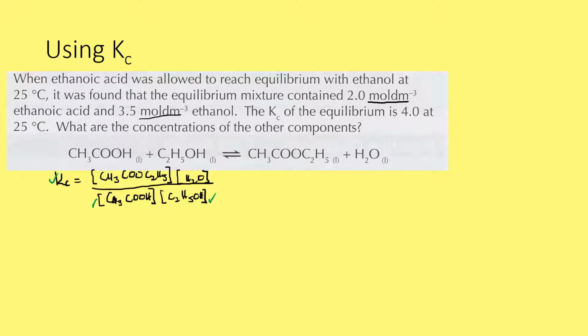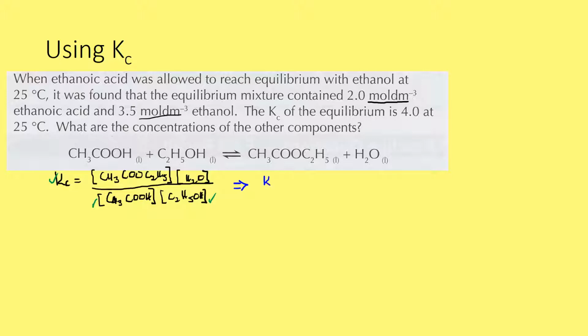Alright, so let's just rearrange that equation. Change to the blue color. I usually like to rearrange first before I plug numbers in. You can do it the other way around if you like. So we're just going to multiply both sides by the concentrations of the acid and the alcohol.